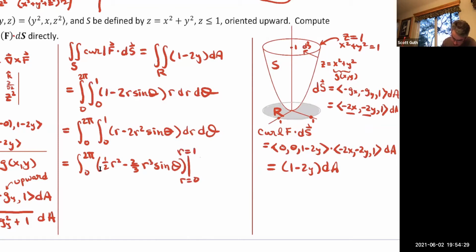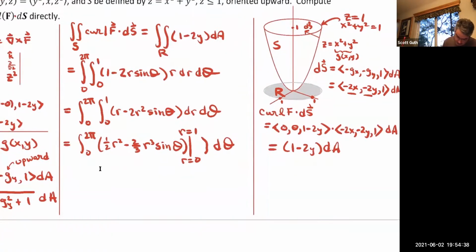That actually works out super nicely, because when r is 0, it all vanishes, and when r is 1, it's just super easy, right? So we end up with an integral from 0 to 2 pi of a half minus 2/3 sine theta d theta. So that's nice.